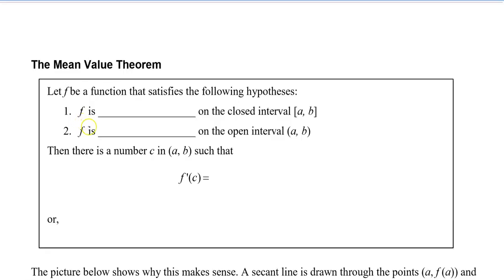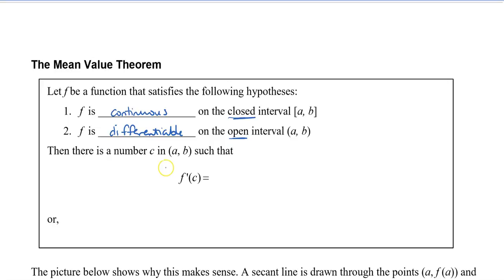The first condition is that f is continuous on the closed interval, again from a to b, and f is differentiable on the open interval, this time from a to b.